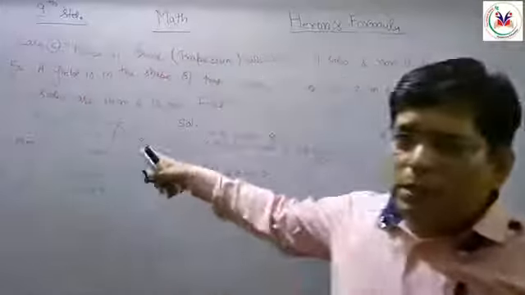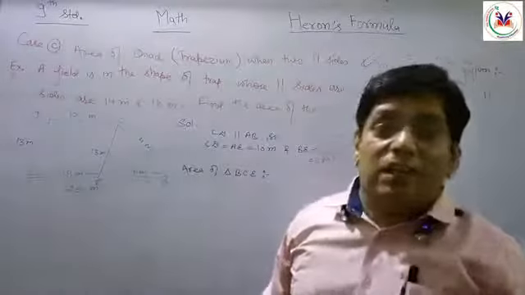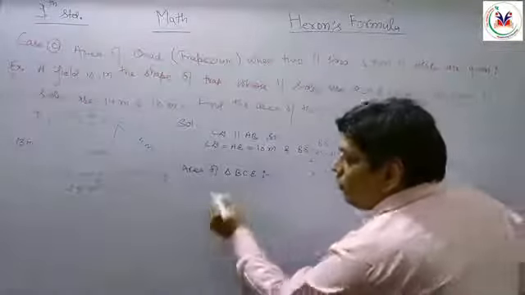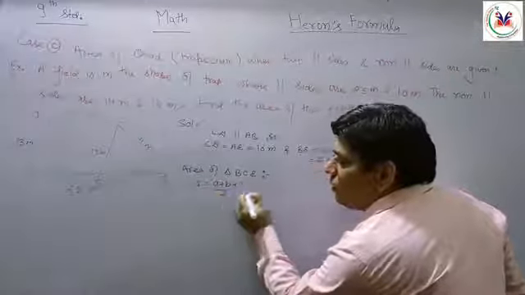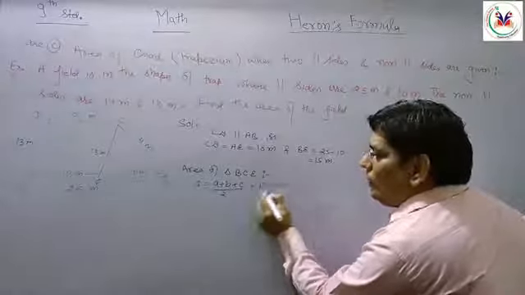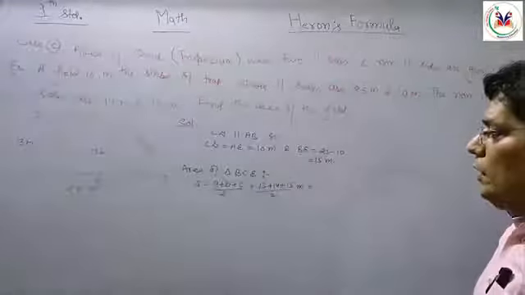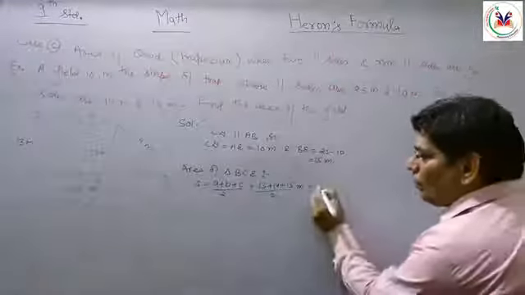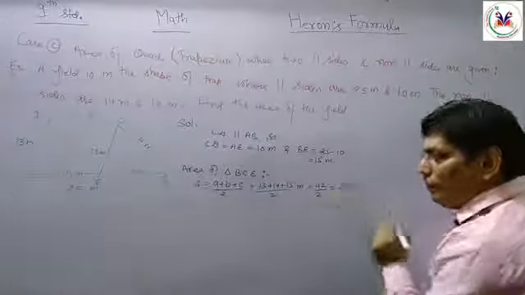BCE. Don't you think it is a triangle in which all three sides are given? इस triangle की तीनों sides given हैं. Using Heron's formula, S equals (a plus b plus c) divided by 2. So in that situation, you have 13, 14, 15 divided by 2. So 13 plus 14, 27, plus 15, 42 divided by 2, 21 meter.